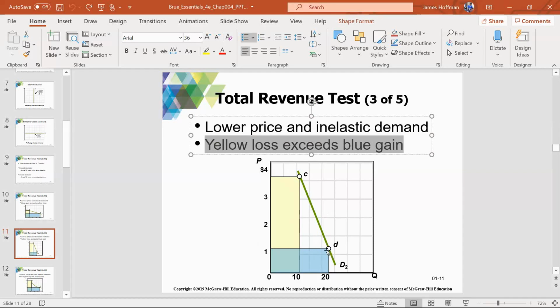The customers you got at the lower price did not offset the revenue you lost from charging the higher price. So lowering the price here, you lose revenue. The statement I just made can be said the other way for the inelastic region.